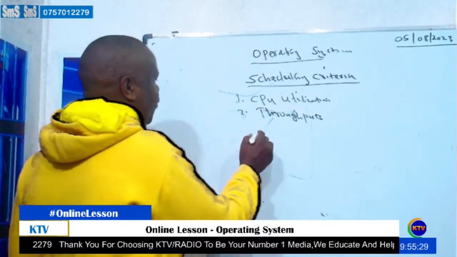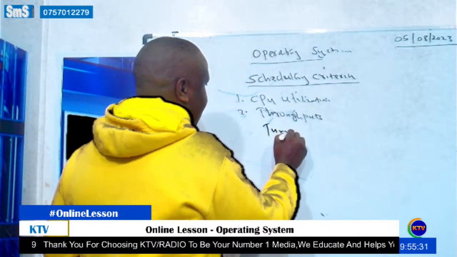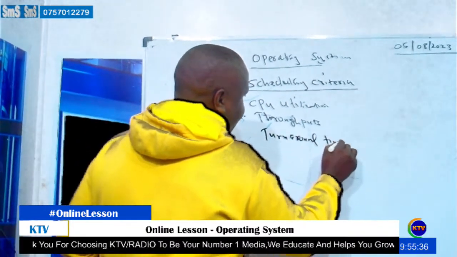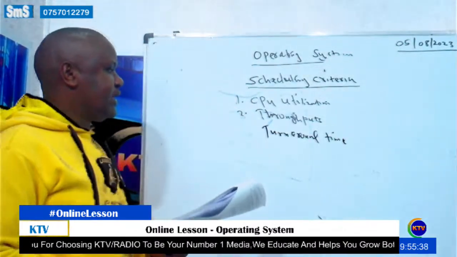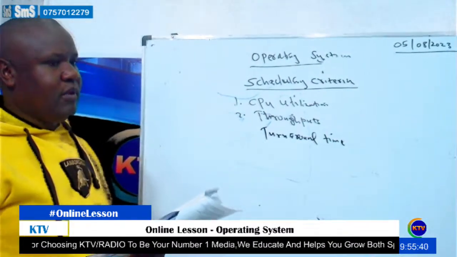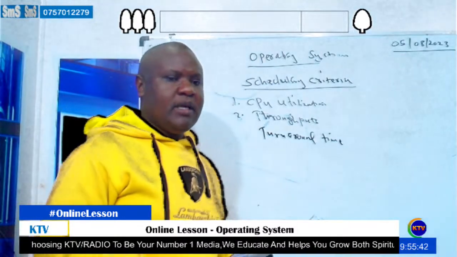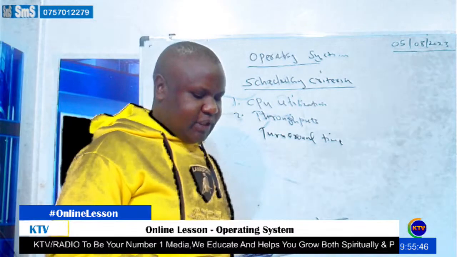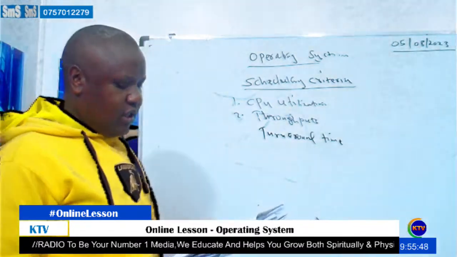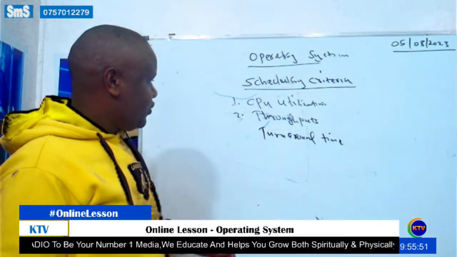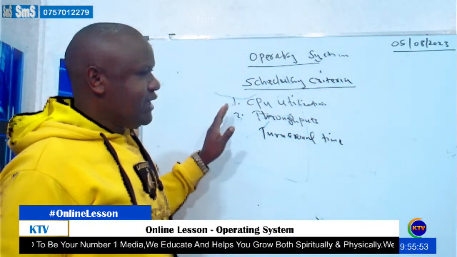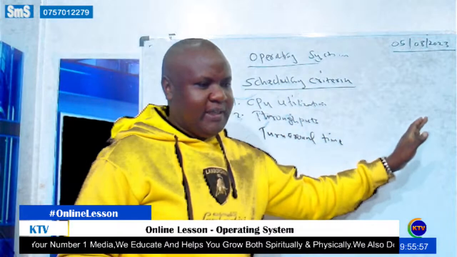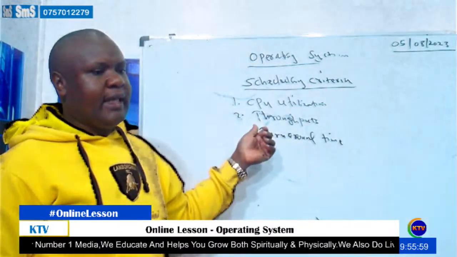Then we also have turnaround time. Turnaround time is the time required for a particular process to complete from submission. From the time a process starts up to the time the process completes, we call it turnaround time.